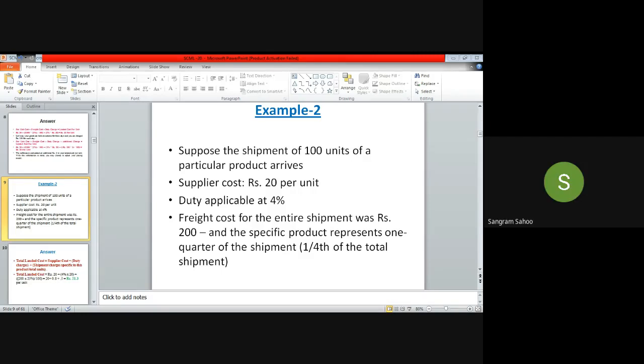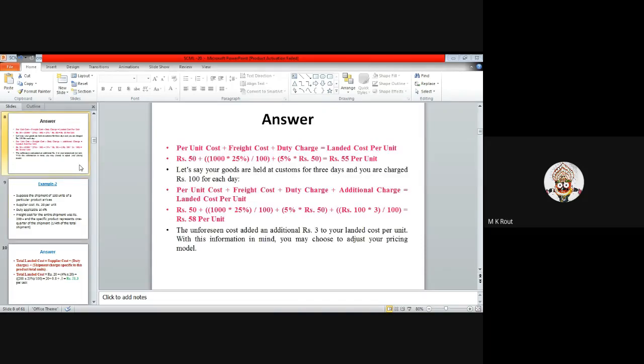So the supplier cost is given as how much? 20 rupees.